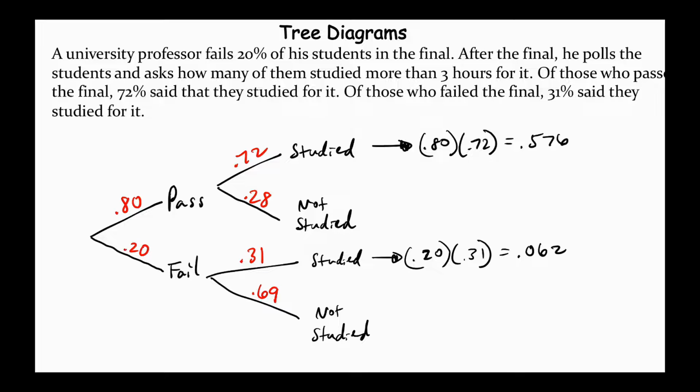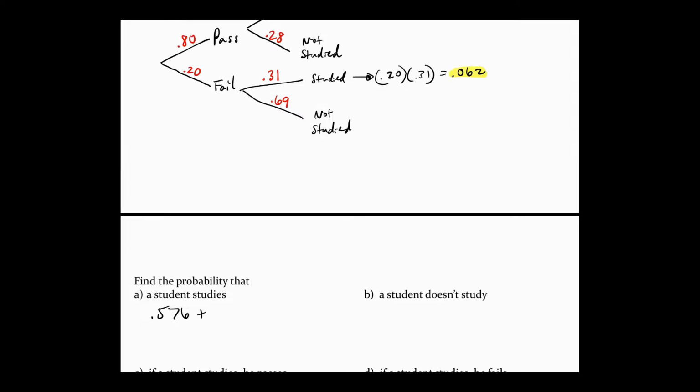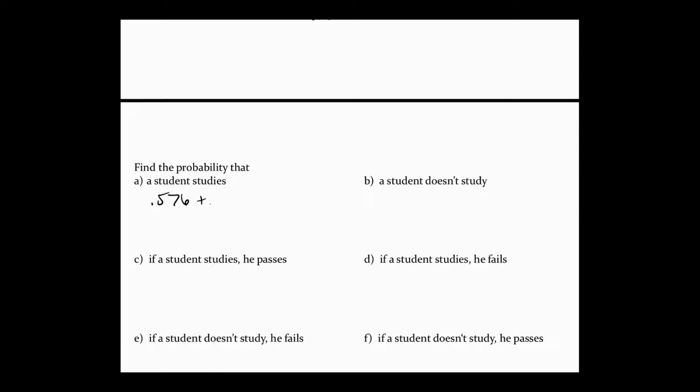Okay? So, which two numbers represent probabilities of study? 0.576. Yep. This one right here and this one right here. So we're going to add those two together. 0.576 plus 0.062, and we get 0.638.